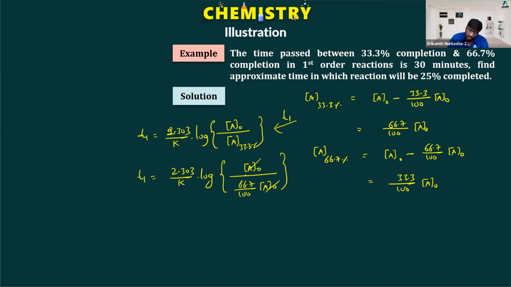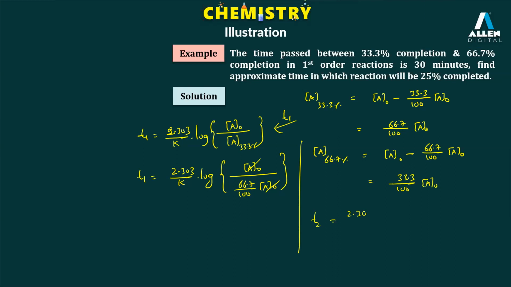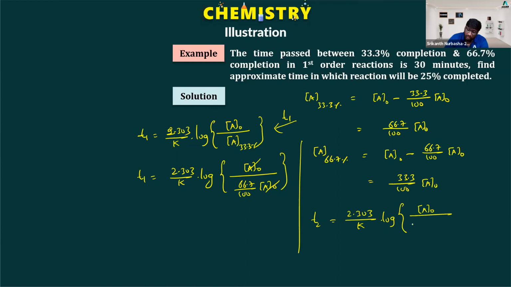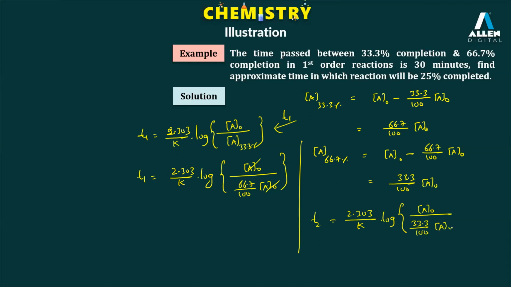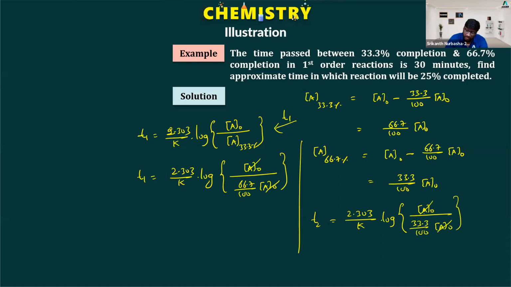Very good. Similarly, 66.7% is done in t2 time. So I can write t2 is equal to 2.303 by k log A naught by 33.3 by 100 into A naught. Very good.